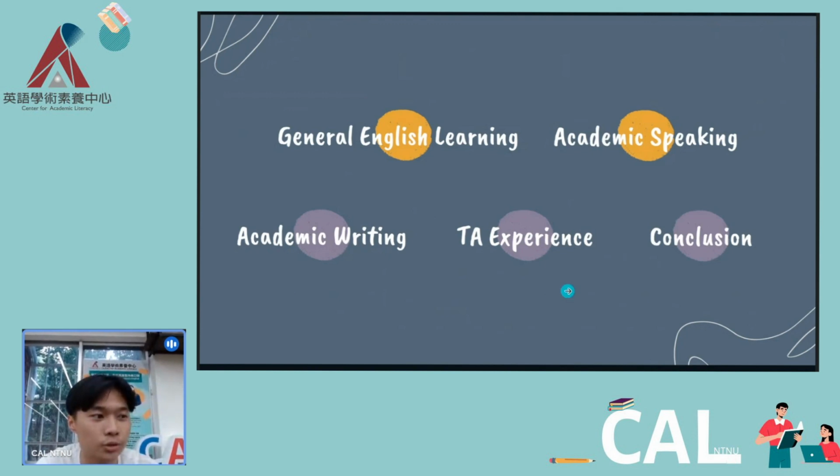Then I'm going to go into details about the academic speaking part, followed by the writing part. After these two, I'm going to talk about the TA experience I had with Professor Christine, who has been helping me a lot with the TA classes as well. And last but not least, I'm going to talk about the wrap up and conclusions.